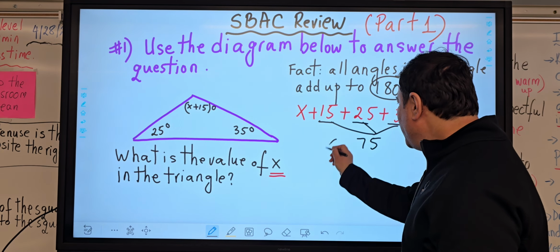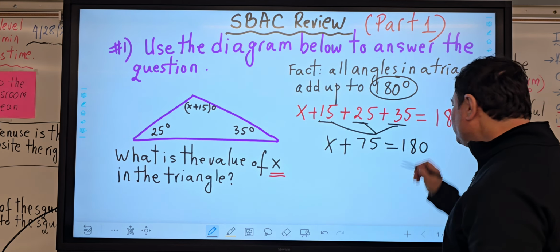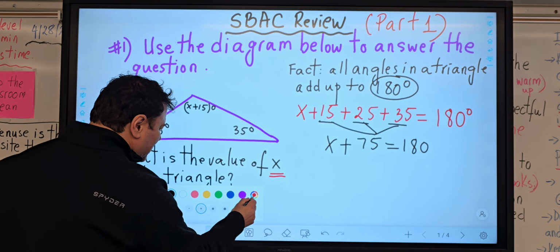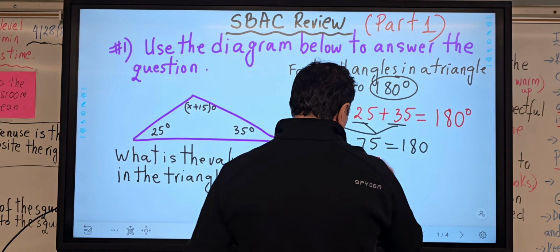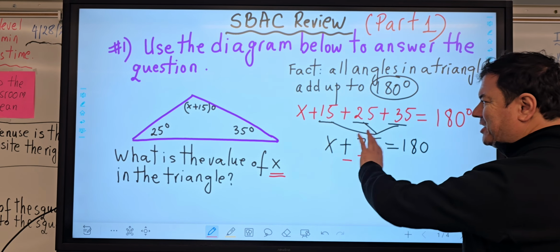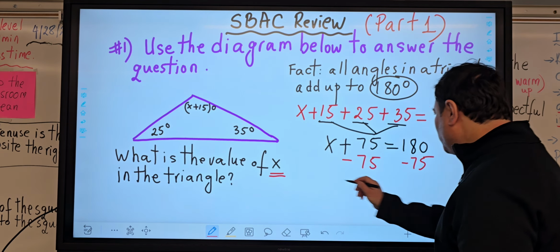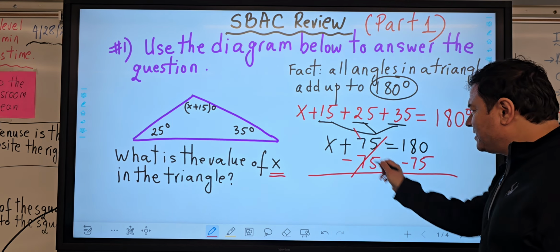So here we have x plus 75 equals 180. And finally, we need to subtract 75 on both sides in order for us to isolate the x on that side of the equation. And so for x, 75 minus 75 cancel each other out.